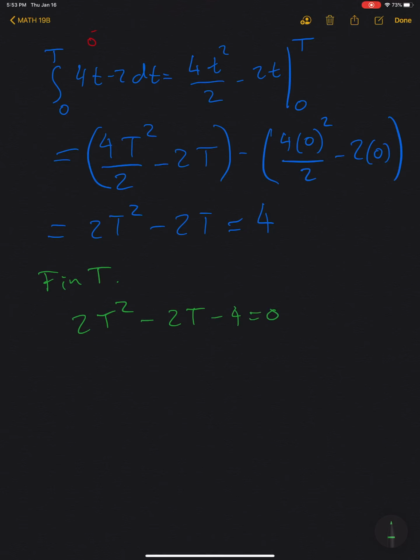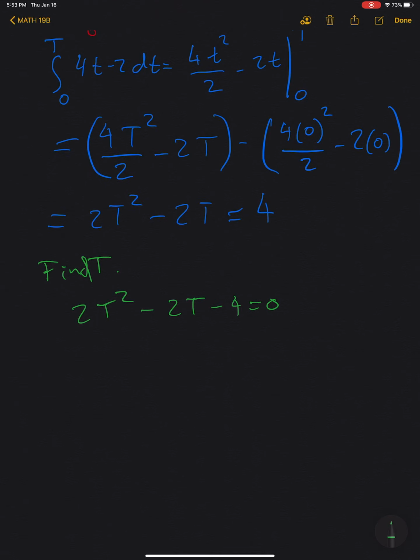We can approach this in several ways, but I'm just going to use the straightforward way, which is to apply the quadratic formula. We can also factor it, graph it, or plug it into a calculator, but again, let me use the quadratic formula.